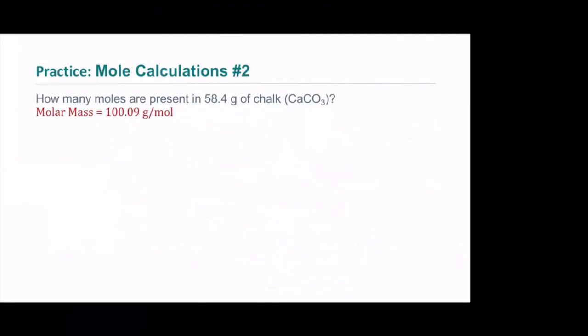All right. How many moles are present in 58.4 grams of chalk? I've given you the molar mass, we have to take time to add it up, but normally you would say calcium plus carbon plus 3 oxygen, and it's right around 100 for chalk. Calcium carbonate. I've got 58.4 grams.